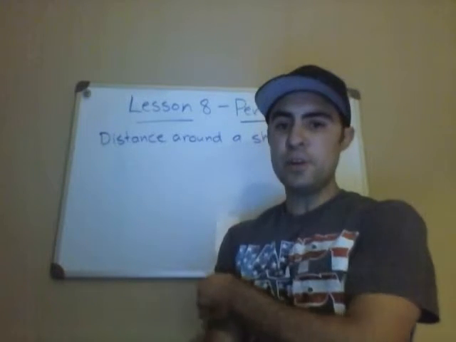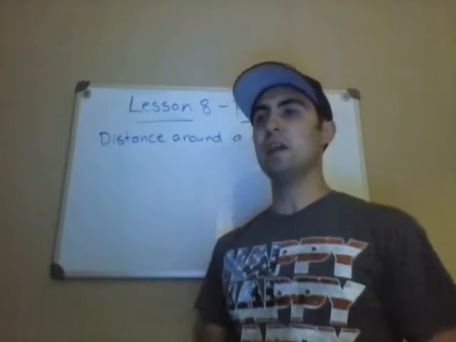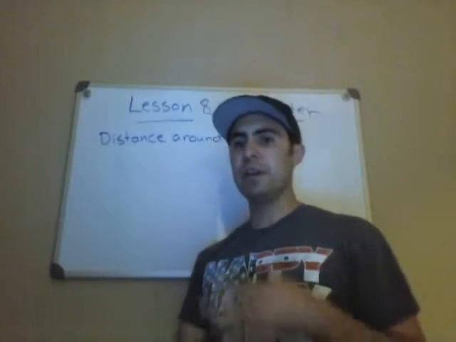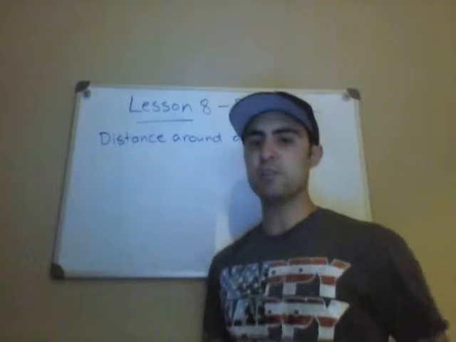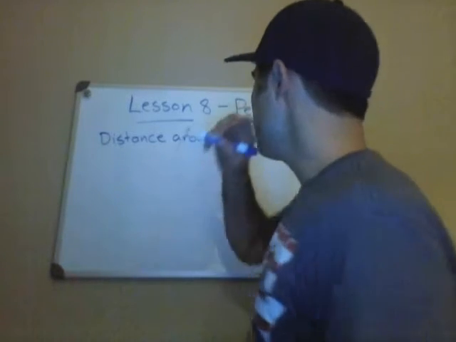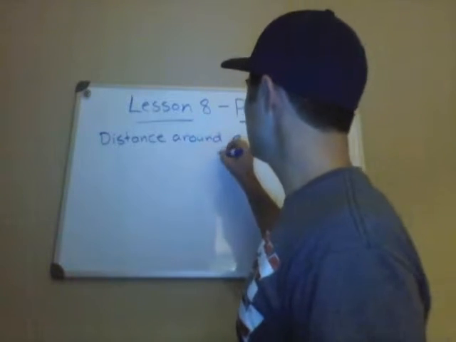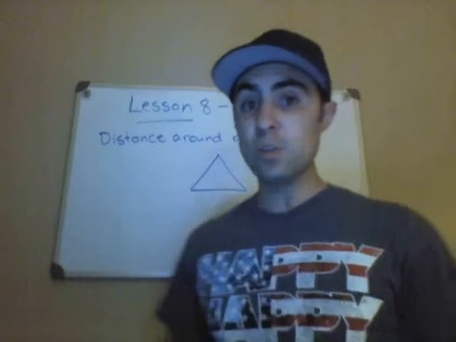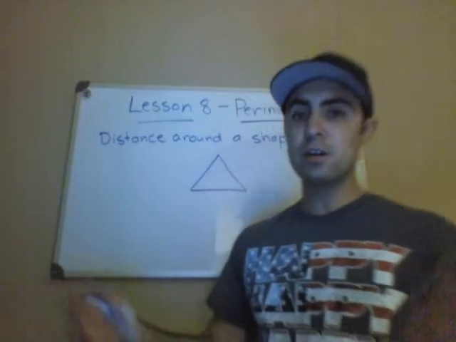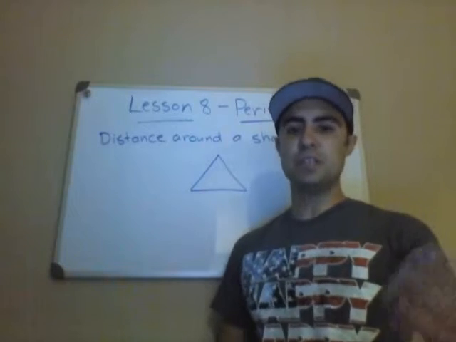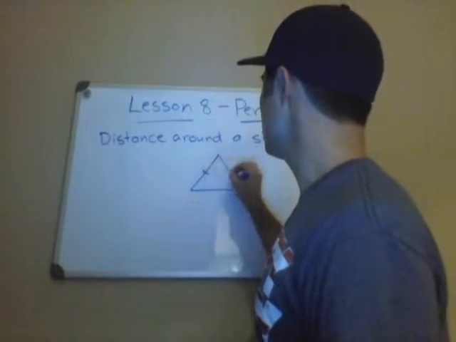Perimeter is the distance around an object. And the last problem we did, we used inverse reasoning to extrapolate an answer. The same is true if you have an equilateral triangle. Remember, equilateral, lateral is side, equal is equal. So equilateral triangle means all sides are equal.